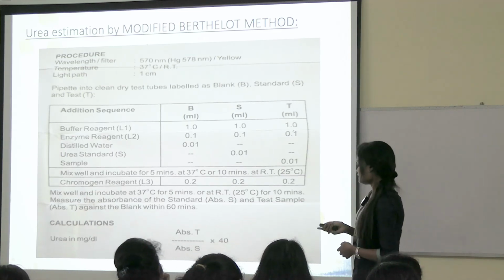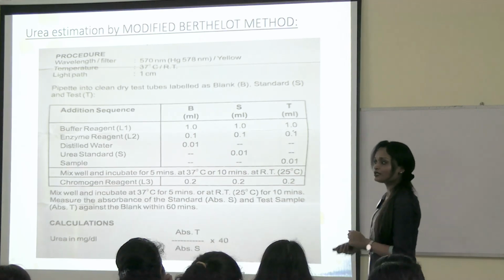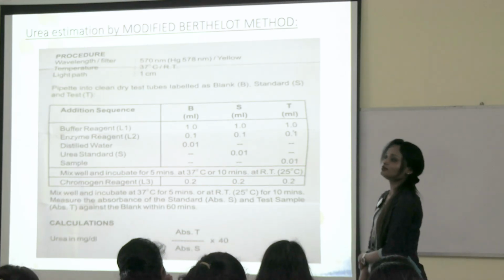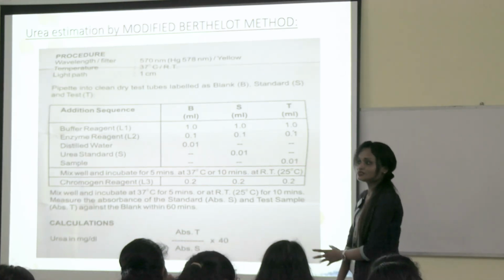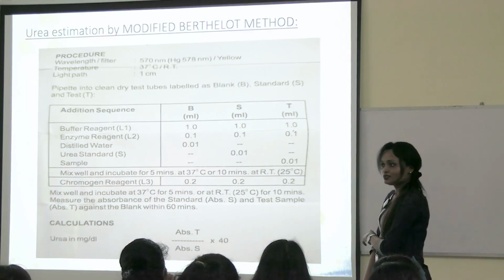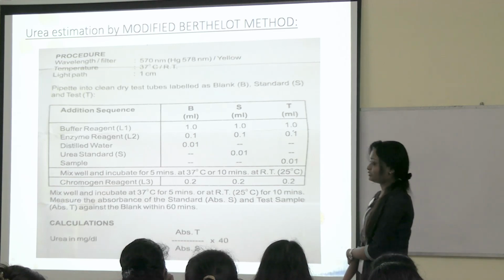So you add in one test tube 10 microliter standard and in another test tube 10 microliter test, whatever sample is provided. First 1000 microliter, then in test 10 microliter, in standard 10 microliter.